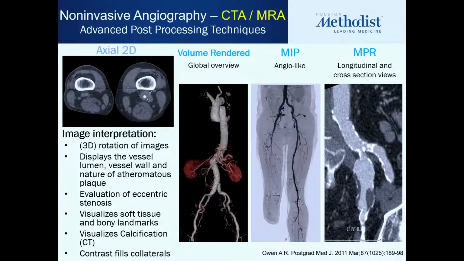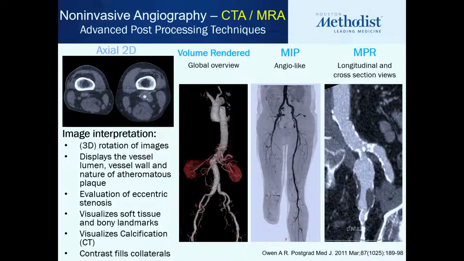Just like in the cath lab, we can create these MIP-like images, which are just luminograms, or we can create more lay of the lands, like these MPRs, where we can actually see the whole vessel and the vessel wall. We can see the amount of atherosclerotic plaque burden there is, what type of plaque it is. We can see the calcium, especially with CT.